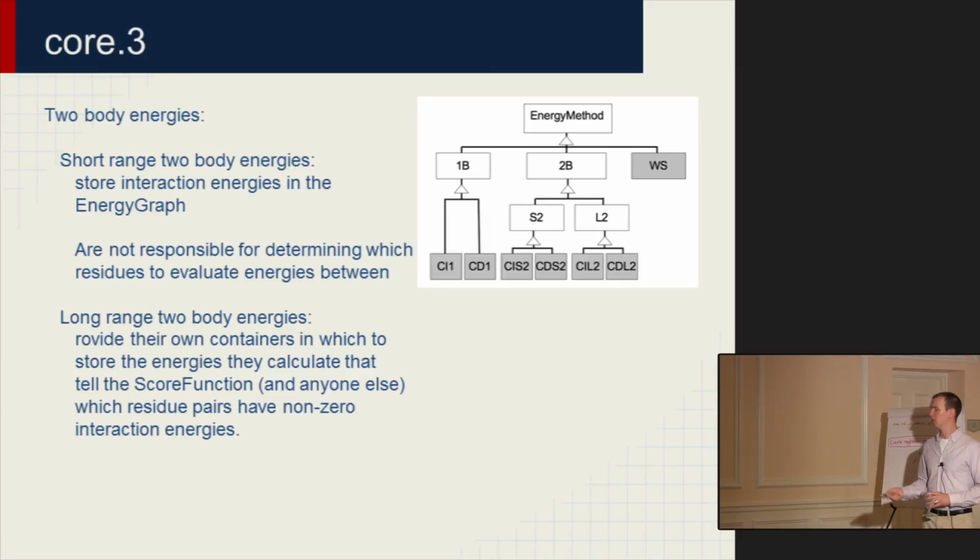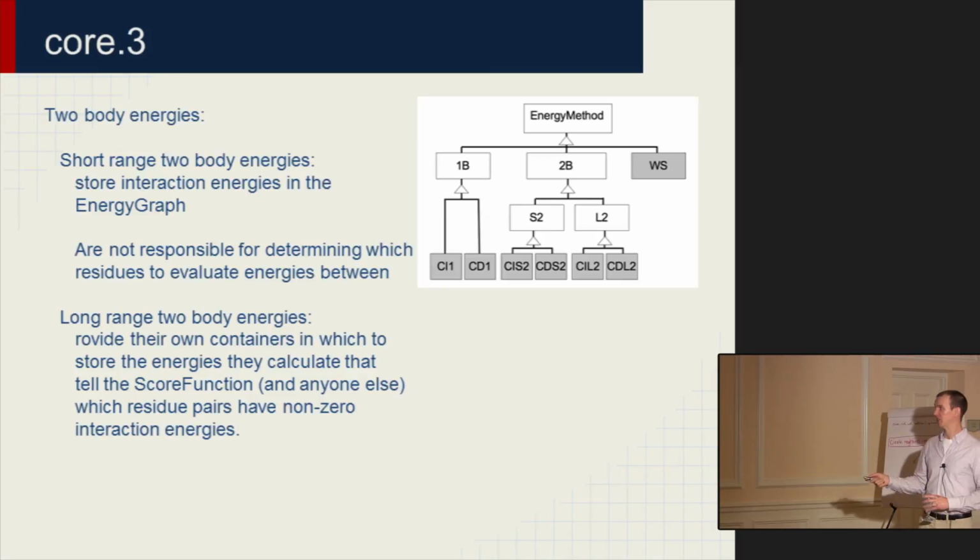So the way these end up getting treated by the score function is that the short-range two-body energies, their interaction energies get stored in the energy graph. As the score function is iterating across the neighbors that it finds, it invokes the short-range, the context-independent and the context-dependent short-range two-body energies to evaluate the energy for the residue pairs that fall within that range.